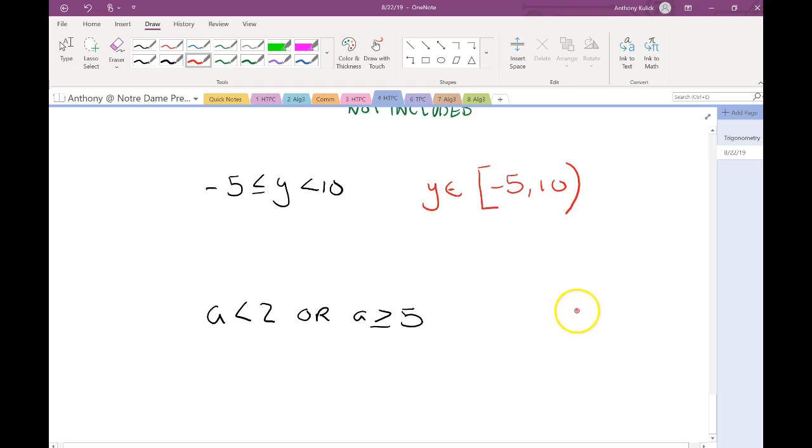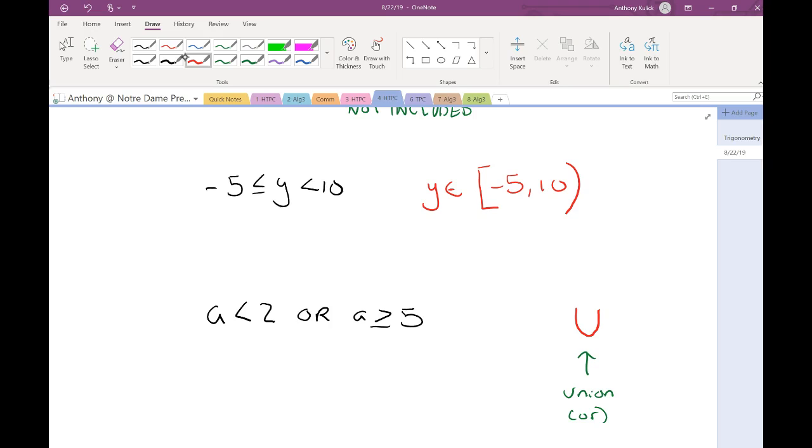So the symbol we use is the union symbol. So it's like the U with no tail on it. So that's going to be the same thing as my OR. In the language of sets, union is the same thing as the word OR. And then I'll just treat these two inequalities as their own separate intervals.